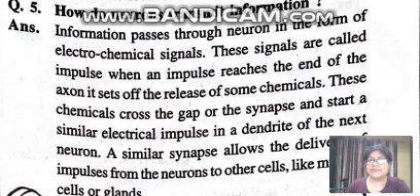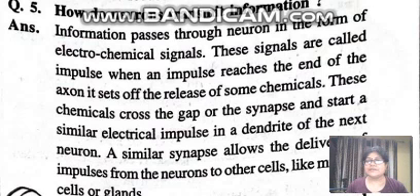Now when the impulse reaches the end of the axon, that means all the information reaches the end of the axon, it sets off the release of some chemicals. These chemicals cross the gap. These chemicals cross the synapse. Synapse is the functional junction where two neurons are connected to each other.